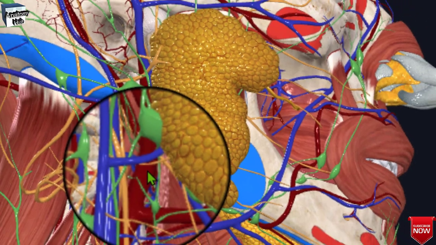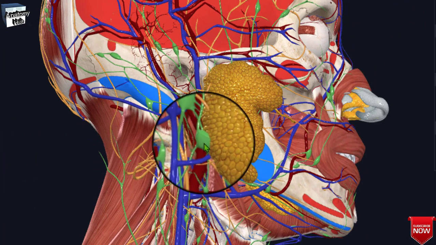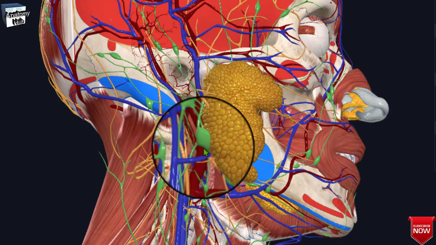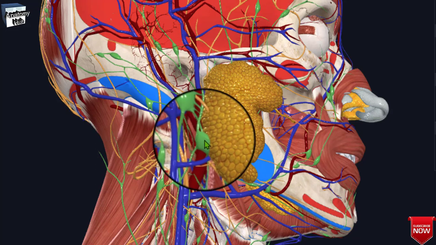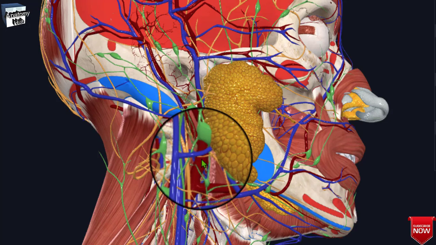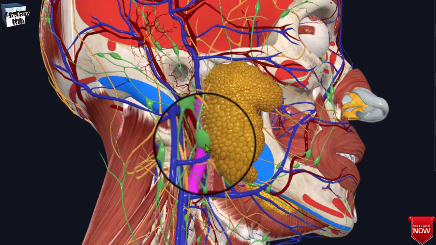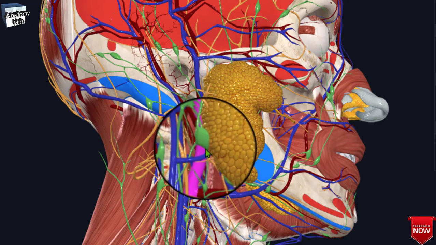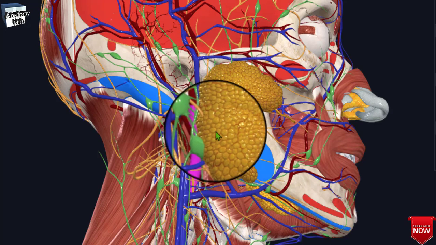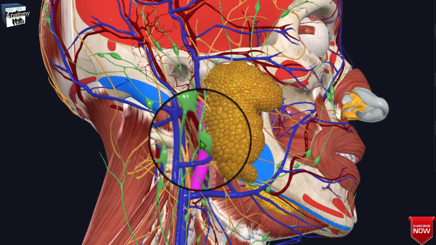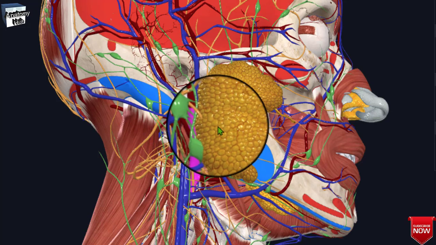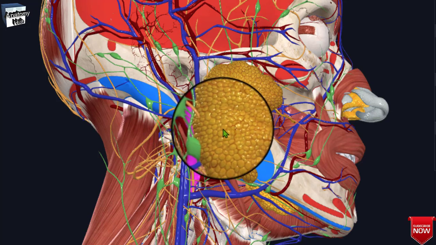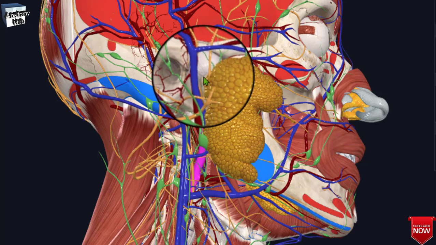Another important structure that passes through and divides within the substance of the parotid gland is the external carotid artery that you can observe over here. As this external carotid artery passes through the posteromedial aspect of the gland, it gives off the maxillary artery as well as the superficial temporal artery.